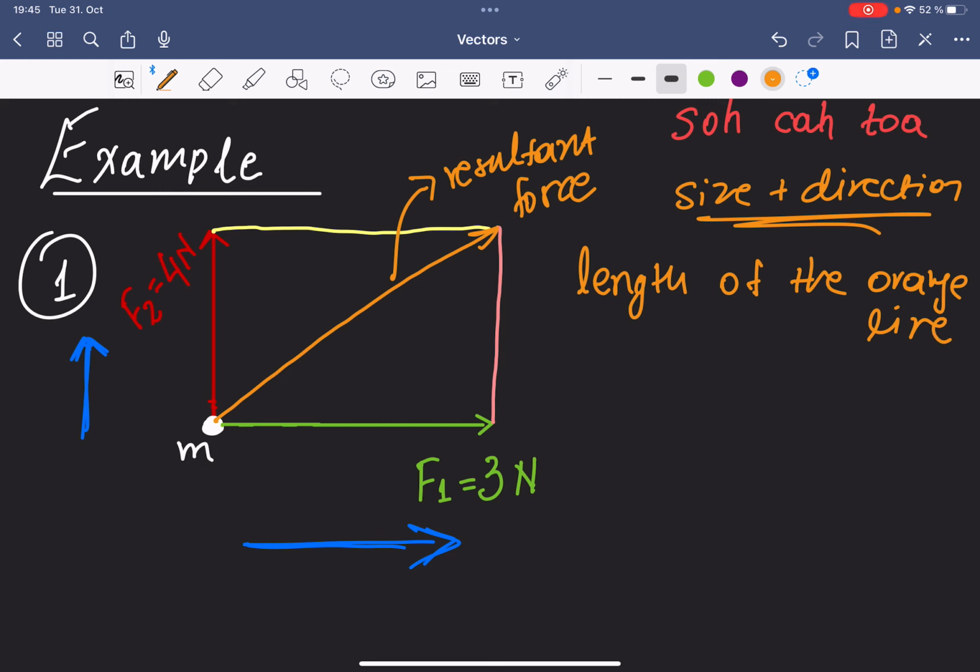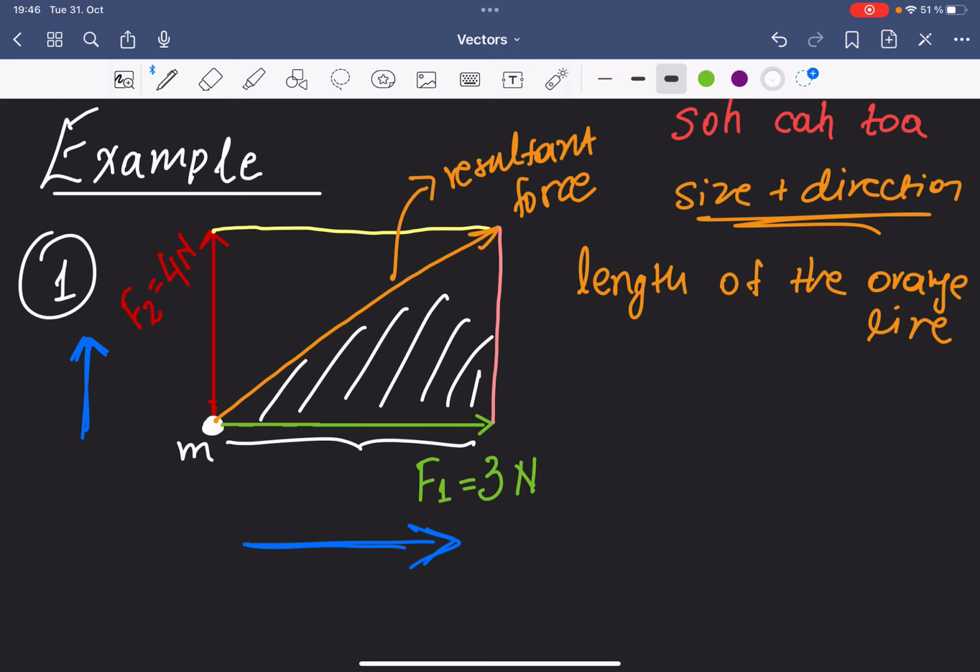And this is where mathematics and geometry come into place. I want you to focus on this triangle here. We want the length of the orange line. We know the length of the green line, this one, which is 3 newtons.